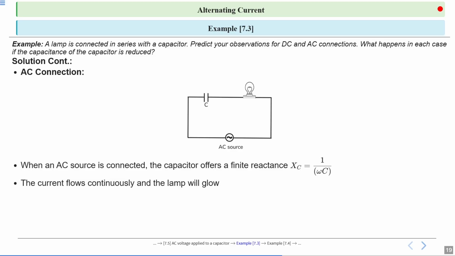The current flows continuously and the lamp will glow. During the flow of AC in the circuit, the capacitor will not completely block the current. It will offer opposition, but it will be finite. That's why the lamp will glow. Okay, observation: lamp will glow.